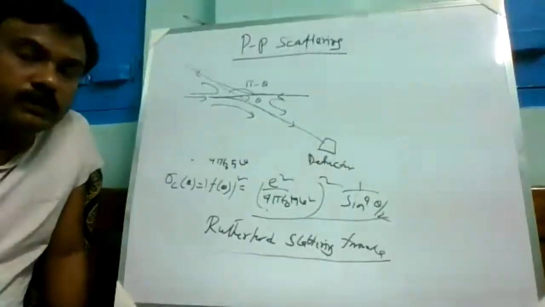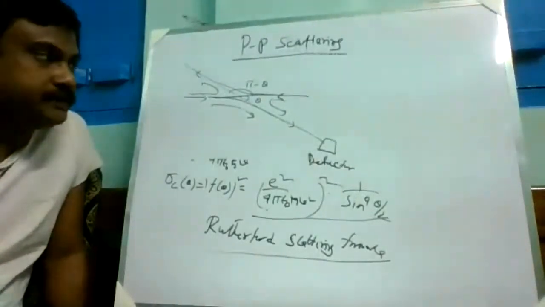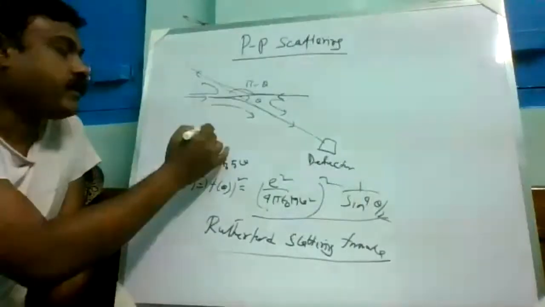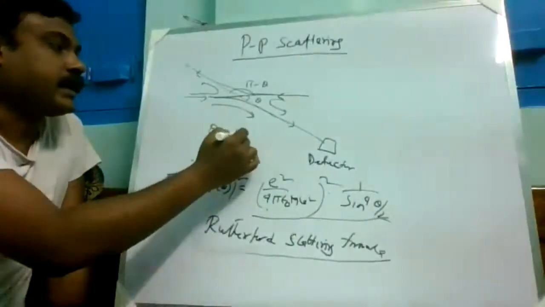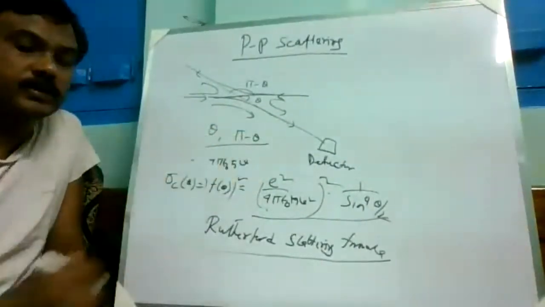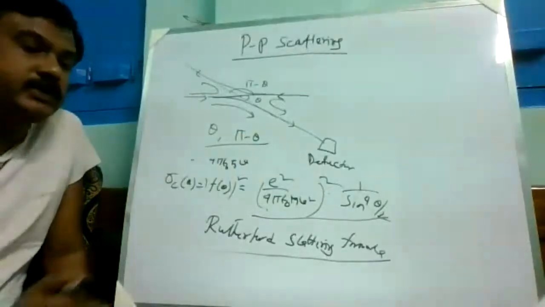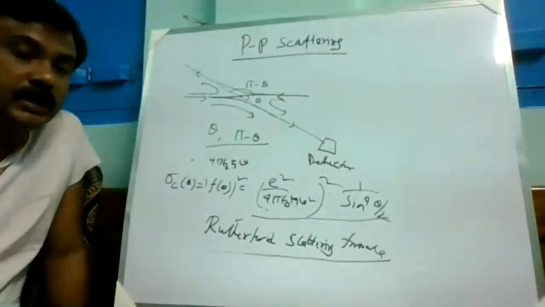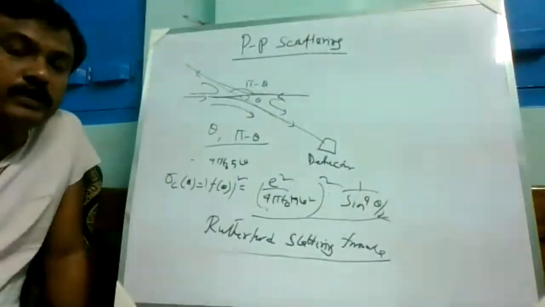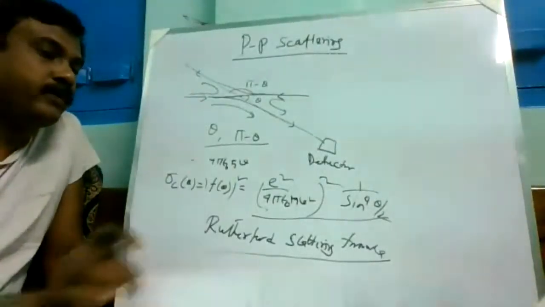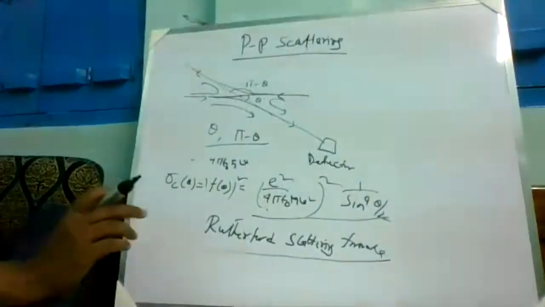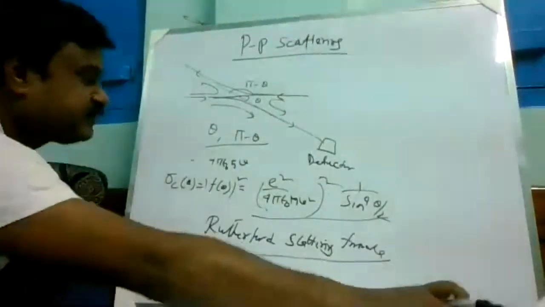Since both protons are similar, we have to consider scattering for angle theta and for the angle pi minus theta. So if you make theta equal to pi minus theta, theta by 2 will be equal to pi by 2 minus theta by 2.